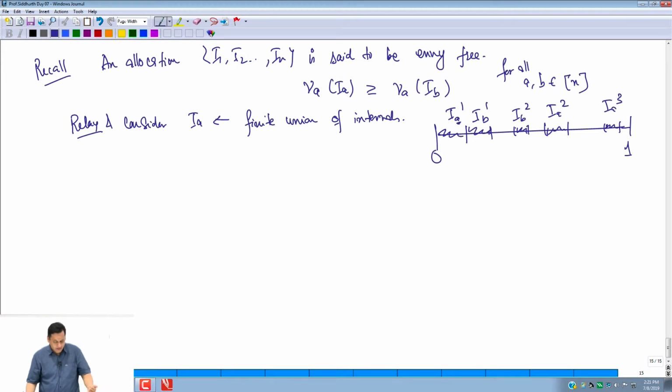And the question is, okay, now can you do something interesting? Now can you find envy-free allocations? So let me start with the bad news first, and this is major bad news. It's like the Sensex falling, of sorts.